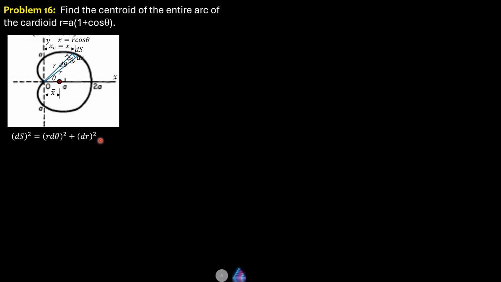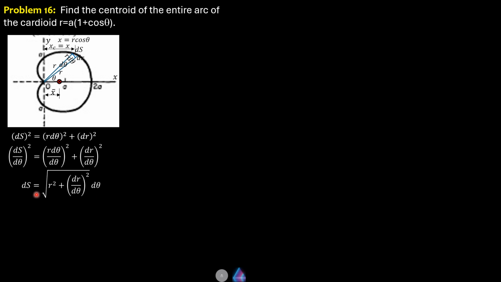So divide everything by d theta square. So ds d theta square equals r d theta over d theta quantity square plus dr d theta square. So this becomes r square, cross multiply, extract the square root. So ds is equal to square root of r square plus dr d theta square times differential theta.